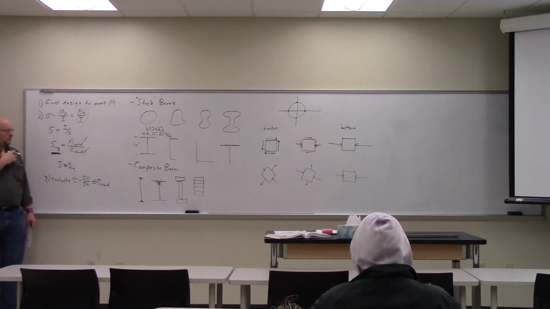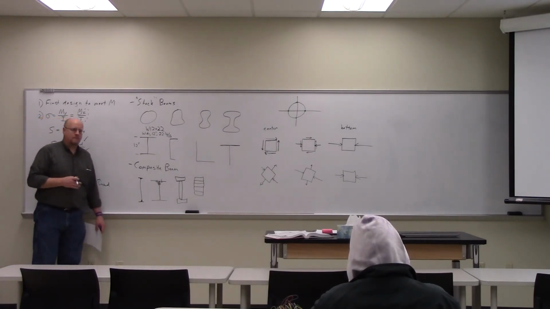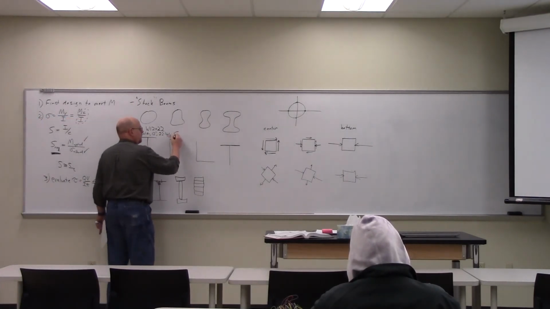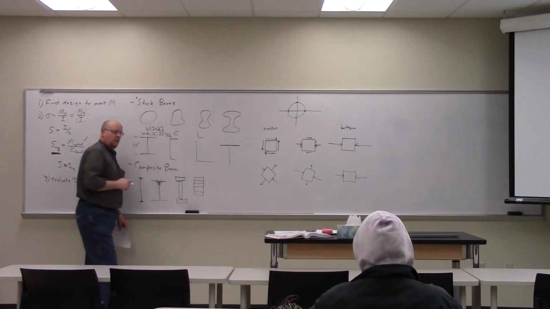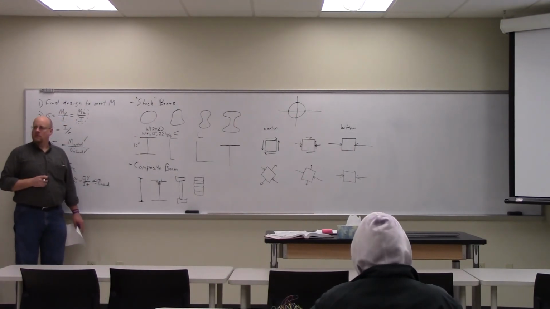So when you look them up, the name means something. If we were doing the C's, it would lead with a C, and if we were doing the L's, it would lead with an L. So you can get your I and C from that.